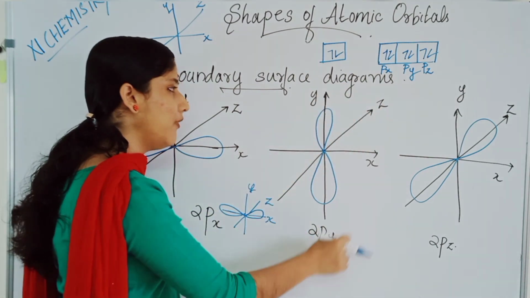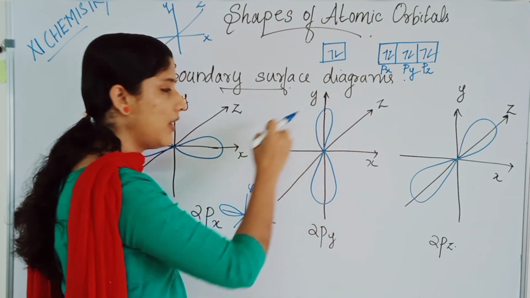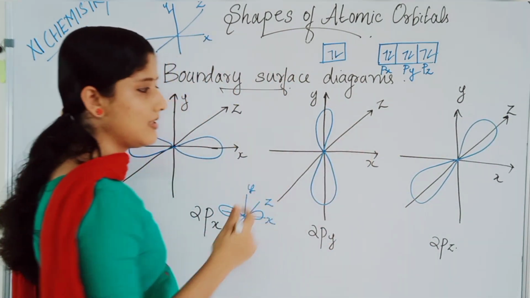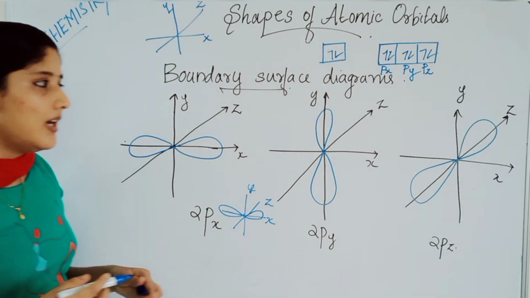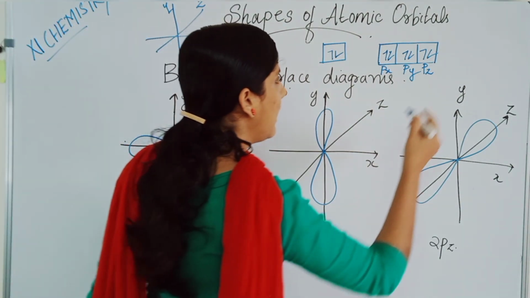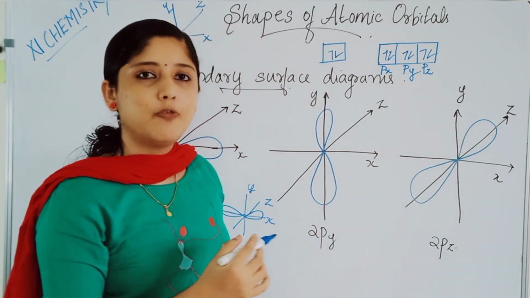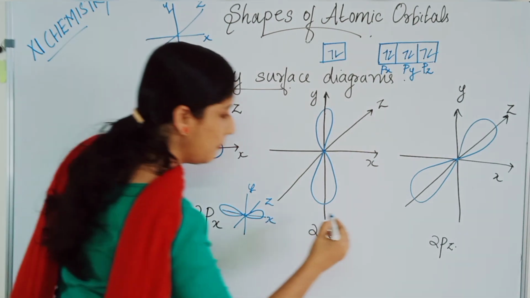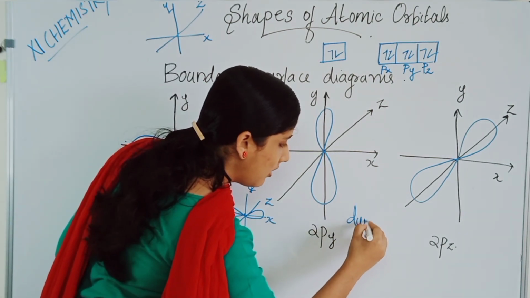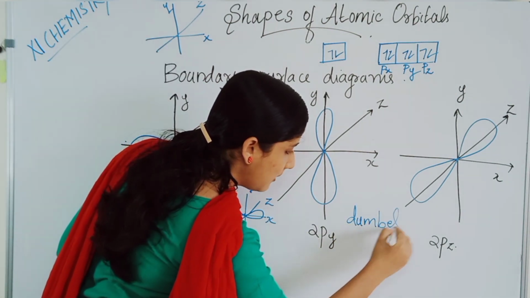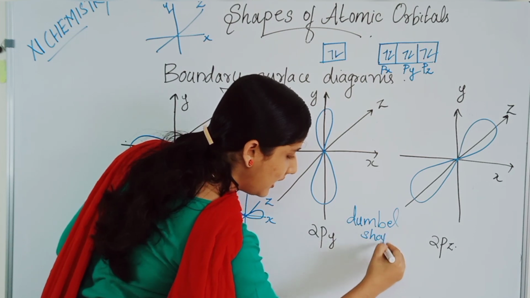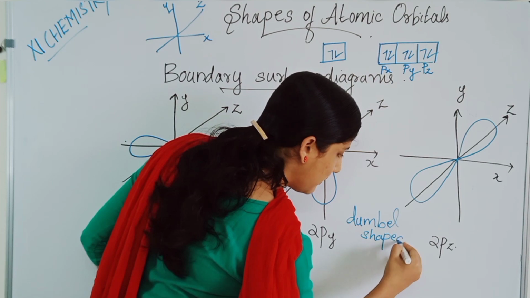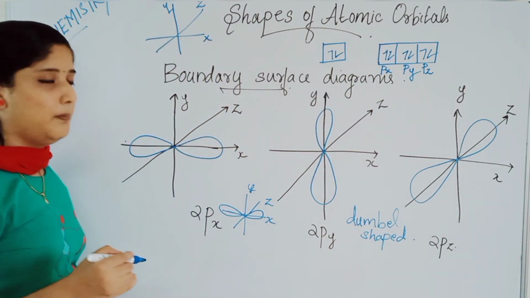So for Py the lobes will be on the y-axis and for Pz the lobes will be on the z-axis. P orbitals are dumbbell shaped. This is the shape of a dumbbell, isn't it? S orbitals are spherical in nature, and p orbitals are dumbbell shaped.